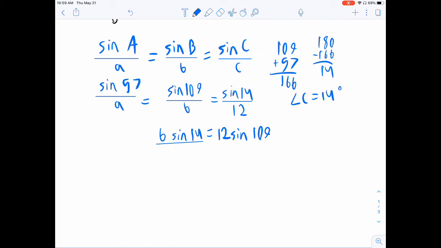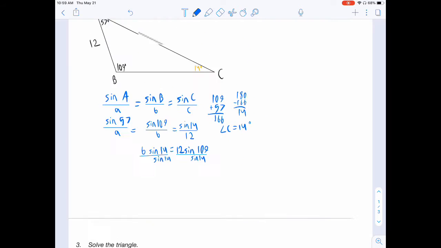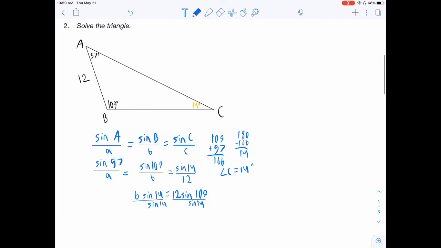We divide both sides by sine 14 to get B standing by itself. And we get 46.9.